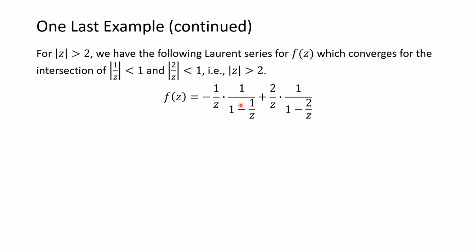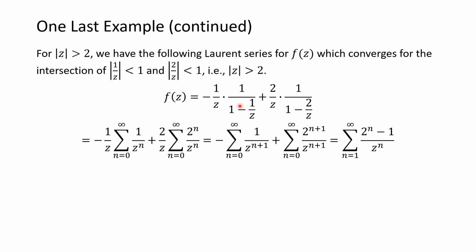So we can do the same substitution here. We do 1 over z and use the formula for the geometric series. We get this term. And then minus 2 over z plugged into the formula for the geometric series here. We multiply the 1 over z, excuse me, and we get 1 over z to the n plus 1. We multiply the 2 over z into the second one, and we get 2 to the n plus 1 over z to the n plus 1.